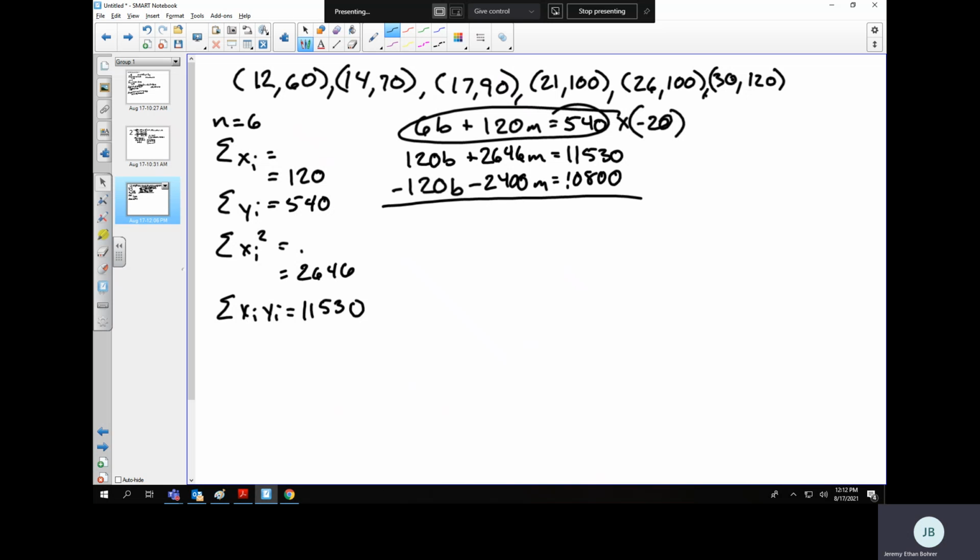And when we subtract, we wind up with 246M equals 730.